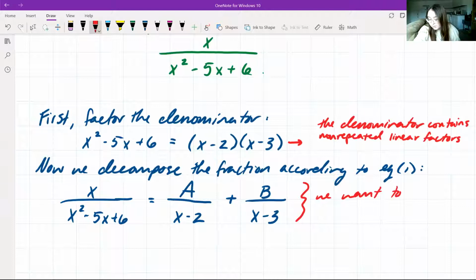So we can say we want to solve for a and b.